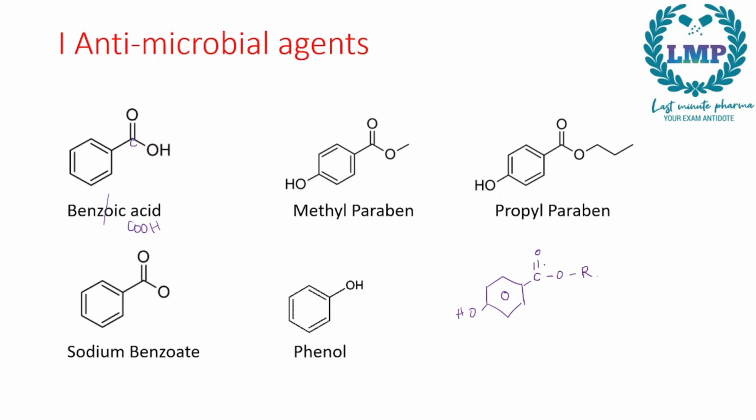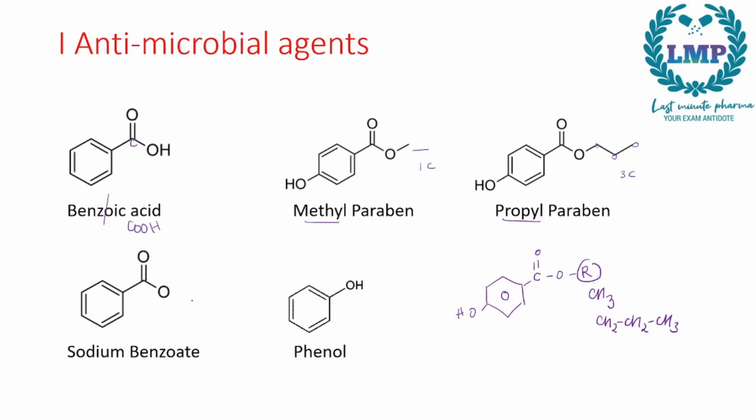Now if it is methyl paraben, instead of R we will add a CH3, and if it's propyl paraben we will add CH2, CH2, CH3. So methyl paraben has 1 carbon, propyl paraben has 3 carbons. Paraben has an OH, and in the para position we have C double bond O and the R group according to the first word, propyl paraben or methyl paraben.